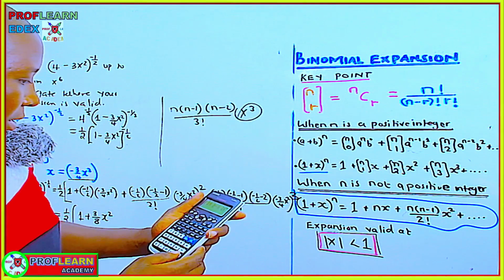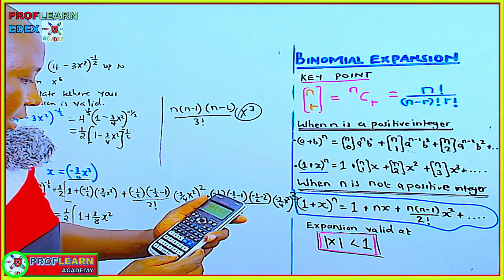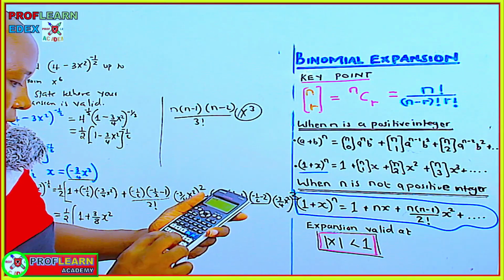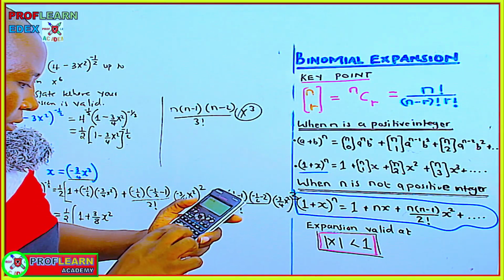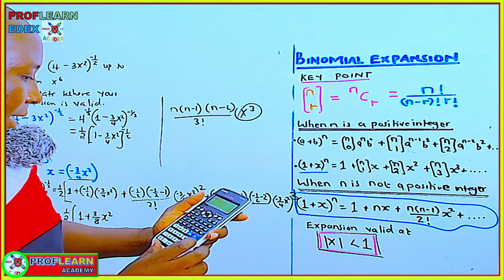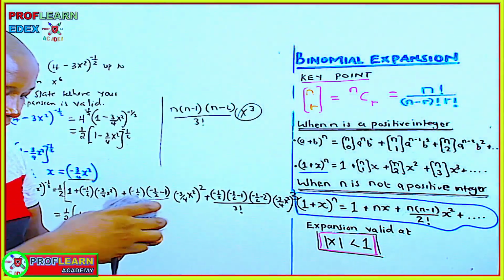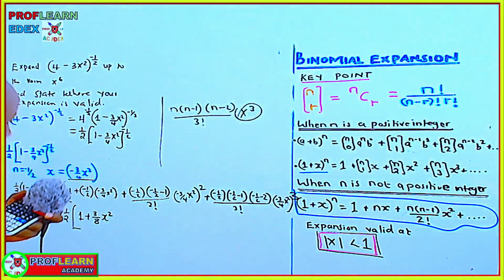The answer we get, we are going to divide by 2 factorial, and that translates to 27 over 128.